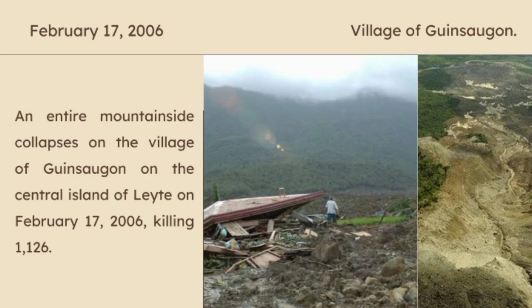The landslide overwhelmed the village, resulting in the loss of over 1,100 people, including 250 schoolchildren who were attending morning classes at the Guinsaugon school. The landslide is one of the largest to have occurred in tropical mountain terrain in recent years.